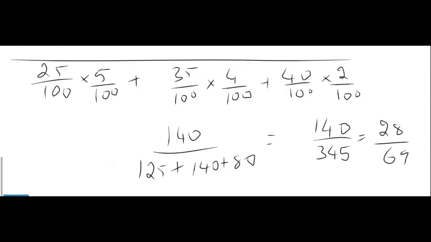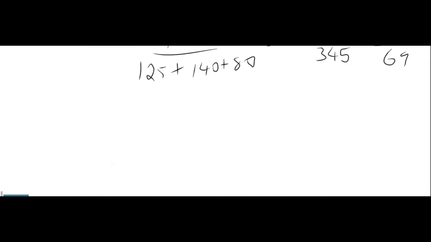Now let us quickly solve this. Required probability is P of F, which is equal to the summation over i equal to 1 to 3 of P of Ei into P of F by Ei.